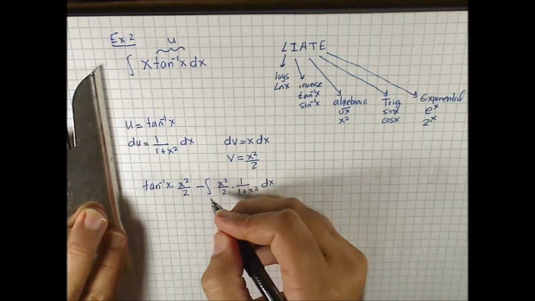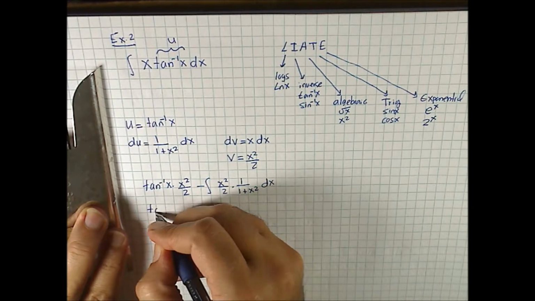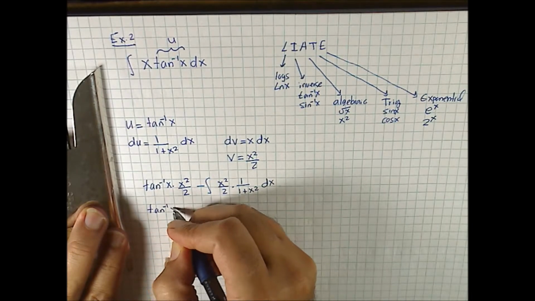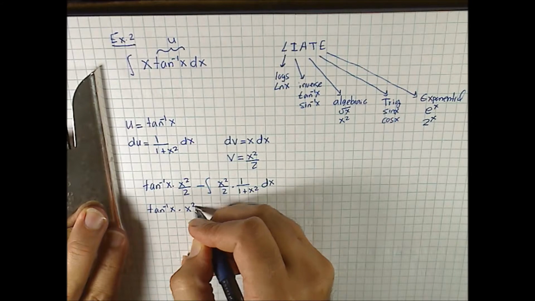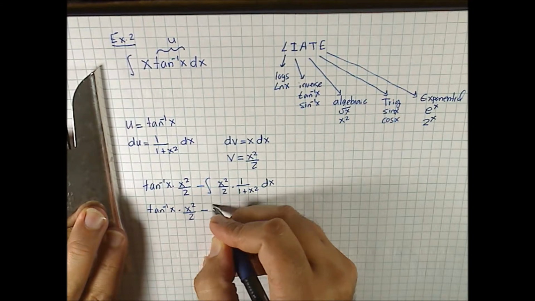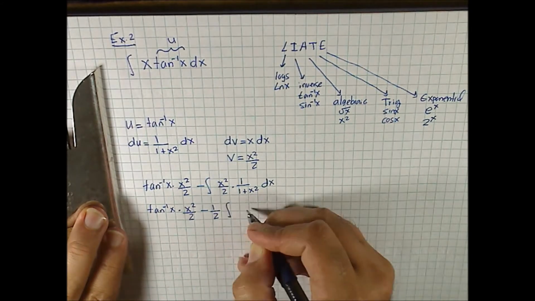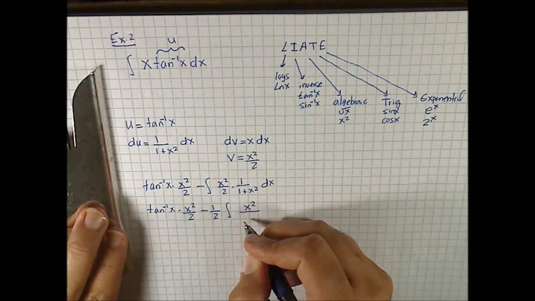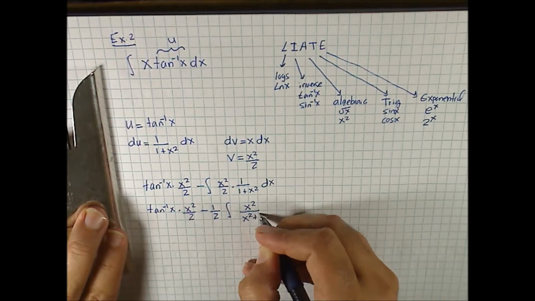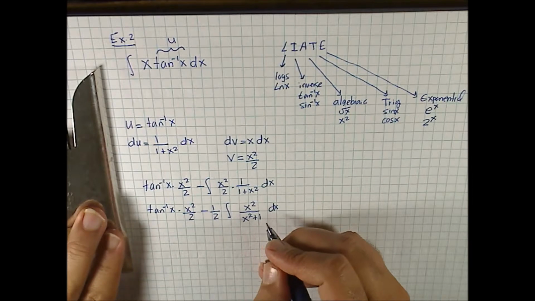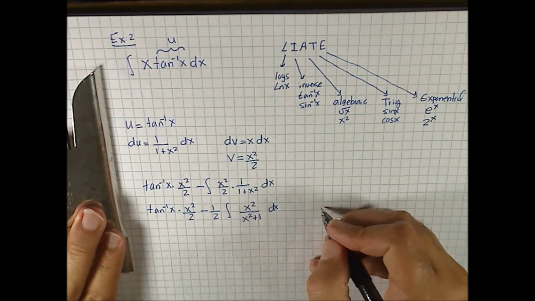Let's pull out the 1/2 from the integral. We get tan inverse x times x squared over 2 minus 1/2 the integral of x squared over x squared plus 1 dx. Now we're going to have to do long division.